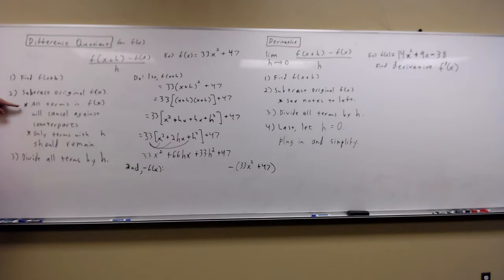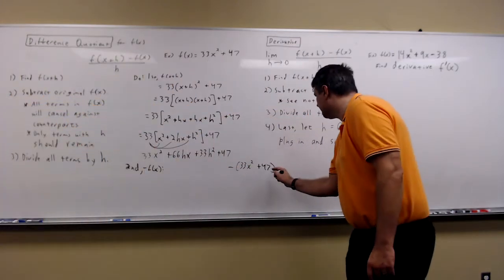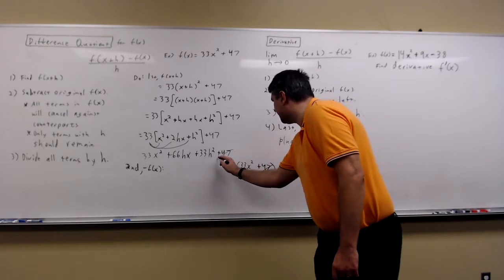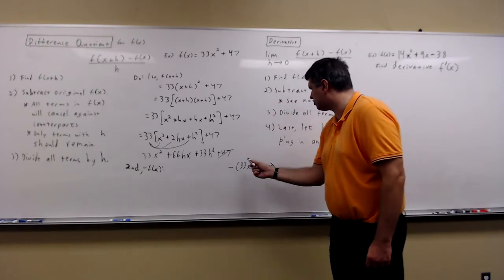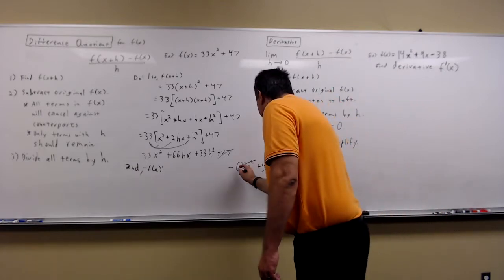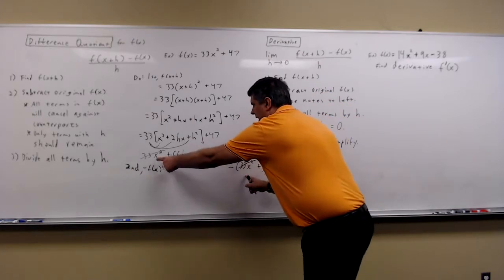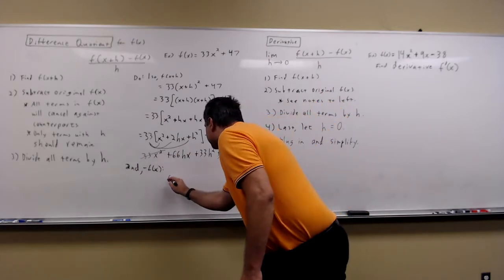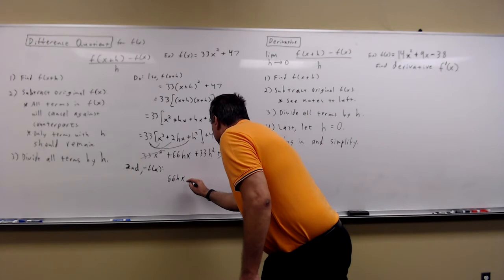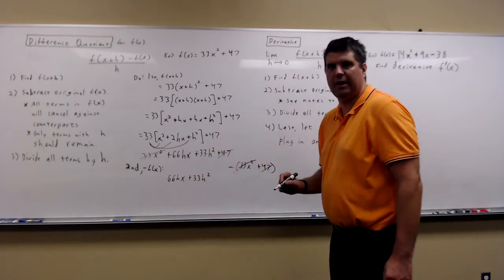All terms in the original f of x will cancel against counterparts, and only terms with h should remain. So this 47 is going to get subtracted from this 47, because anytime you subtract something from itself, it cancels. Similarly, this 33x squared will cancel against that 33x squared. So the only thing that's left is the 66hx plus 33h squared.